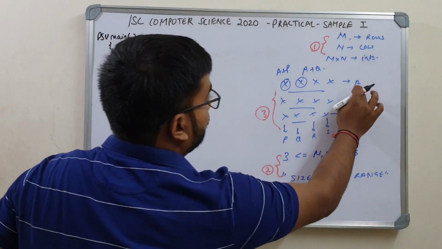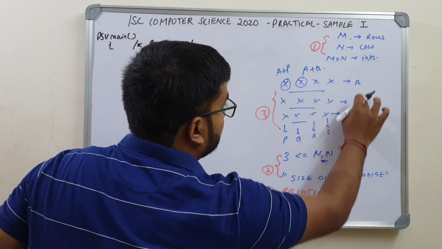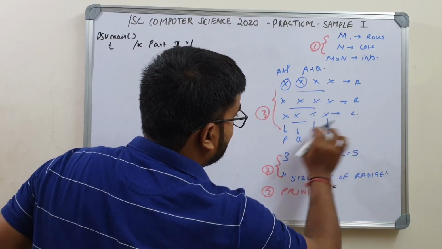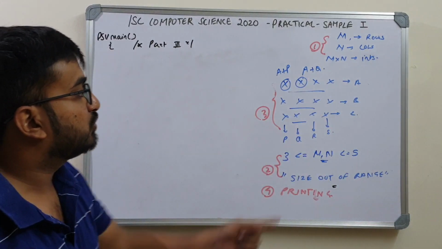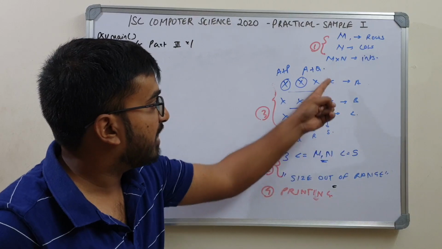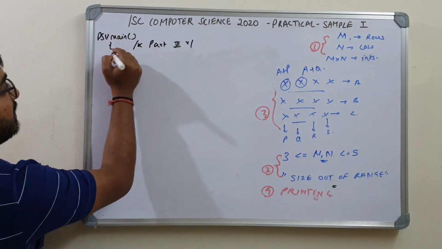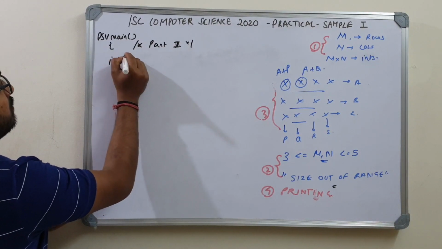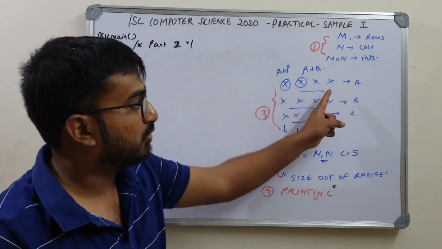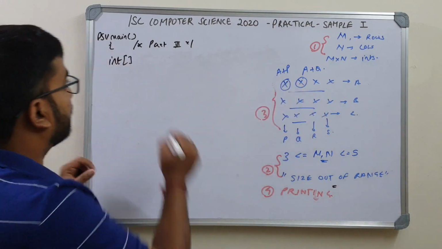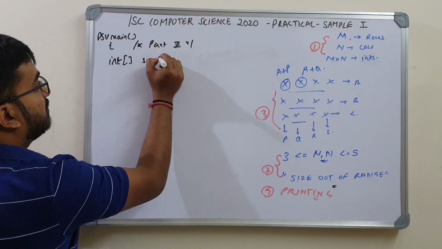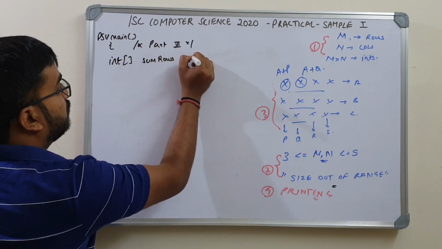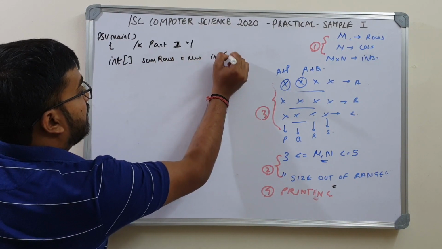Now we need to store the sum of each row and the sum of each column. So how many columns, how many rows do we have? We have m rows. So I'll take an array to store the sum of each row, and the number of rows are m. So I'll say int sumRows equals new int m.